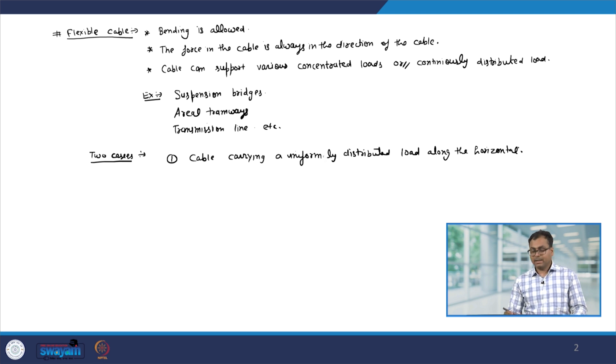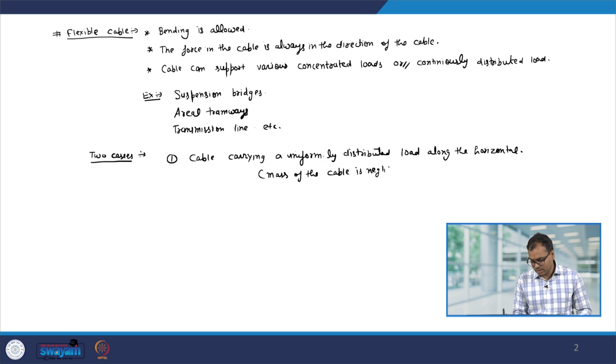Okay. And in this case, we will consider that the mass of the cable is negligible compared to the load that it is carrying.